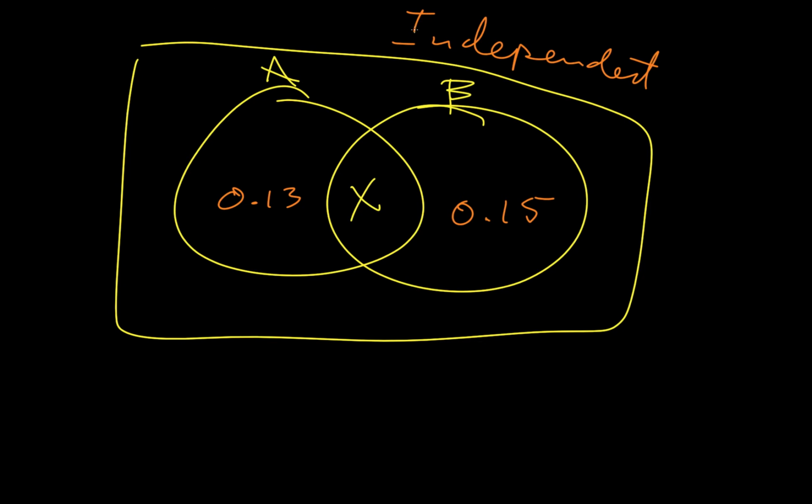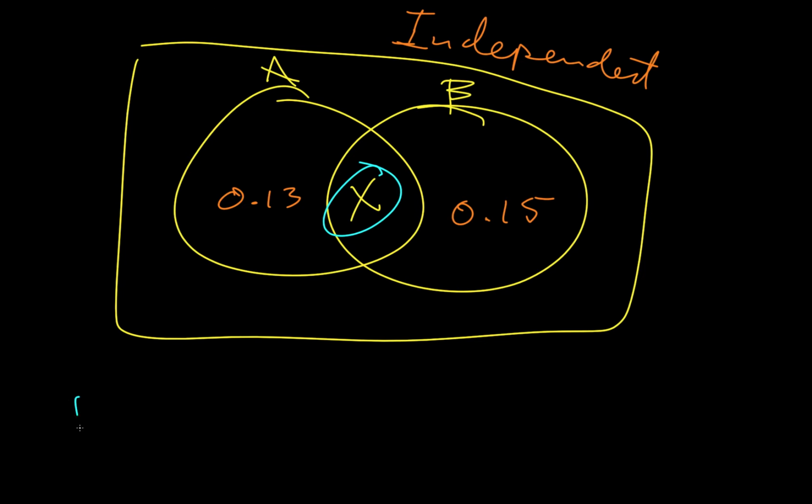So we're not trying to prove that they're independent. It's actually told to us that they are independent, and we're just trying to find the probability of their intersection, or we want to solve for x, essentially.